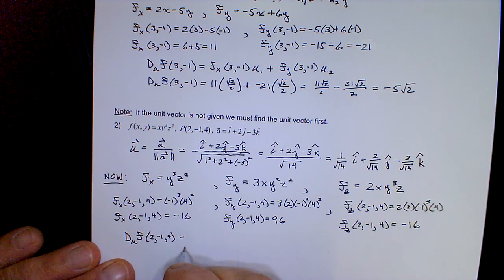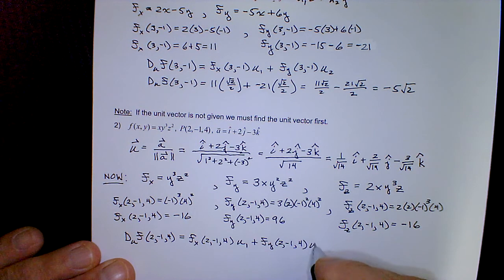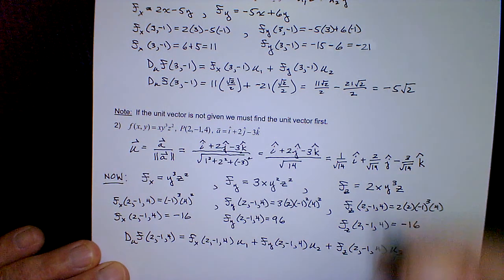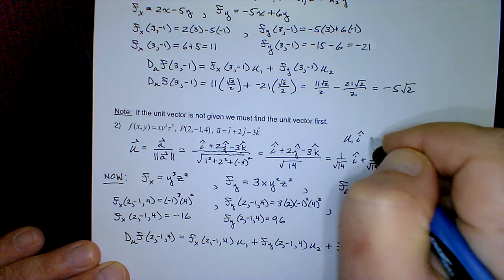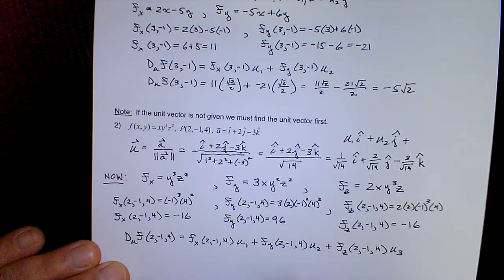So we have, it's going to be f sub x at 2, -1, 4 times u1 plus f sub y at 2, -1, 4 times u2, and then plus f sub z at 2, -1, 4 times u3. Remember, up here, this is the u1 i plus u2 j plus u3 k.